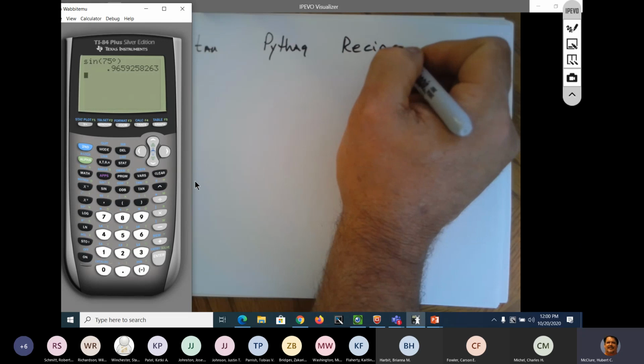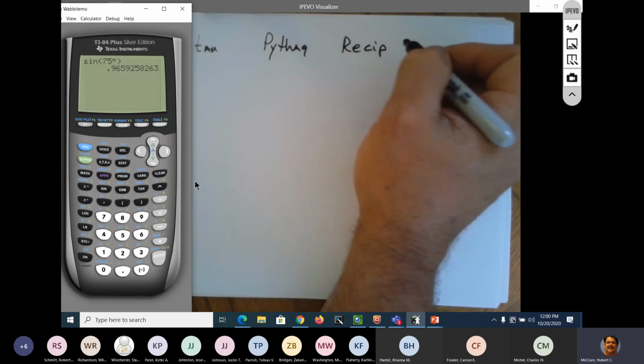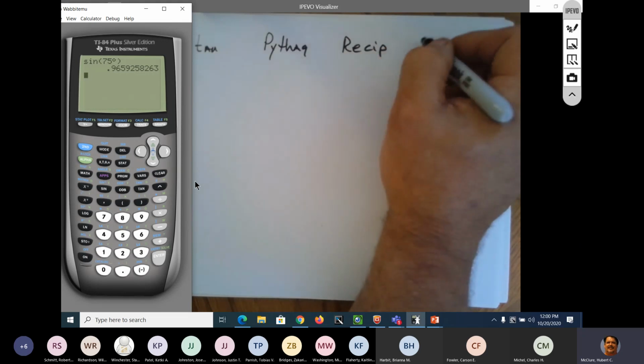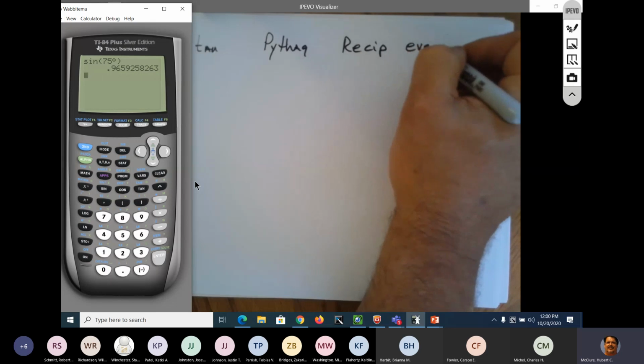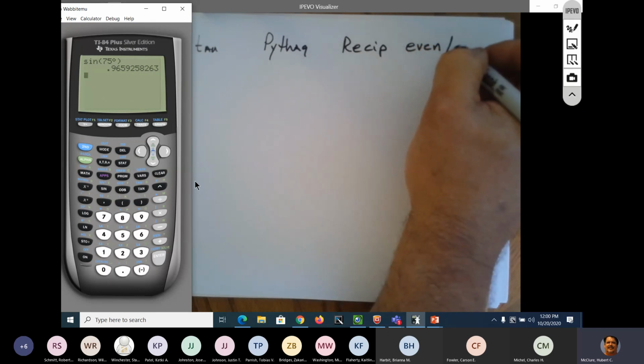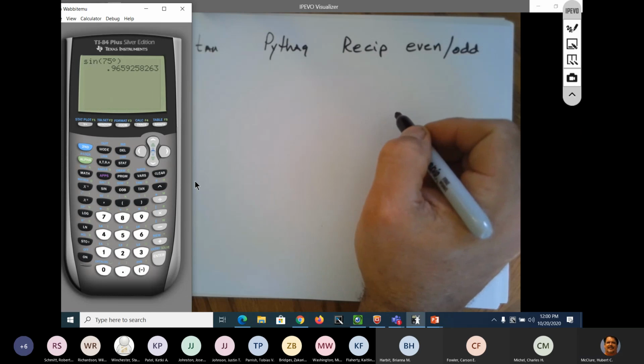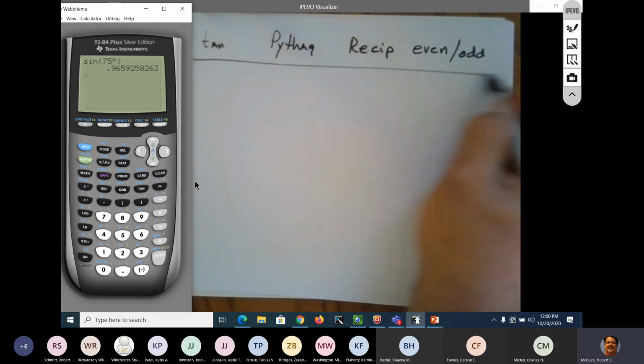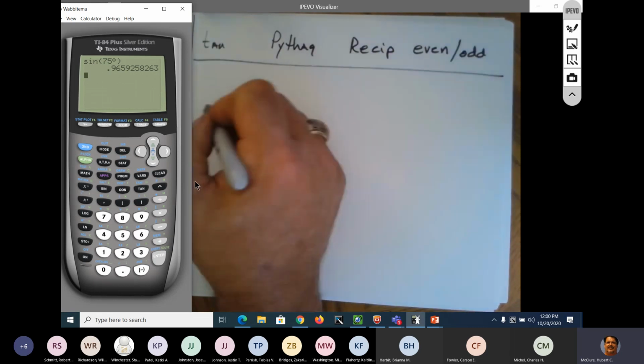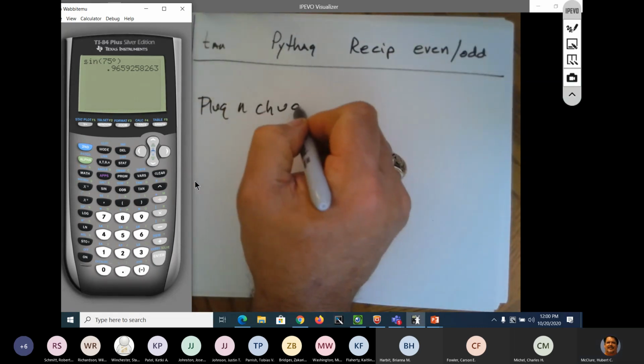Then you've got the inverse, even and odd. Even and odd, that's where they take the sign out. And after those identities, it is pretty much plug and chug.